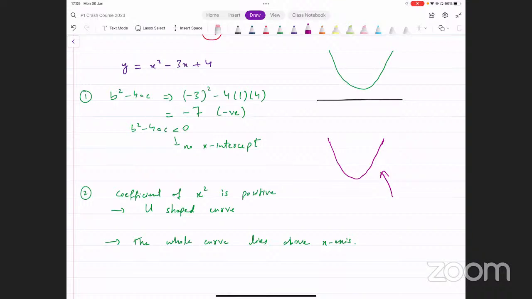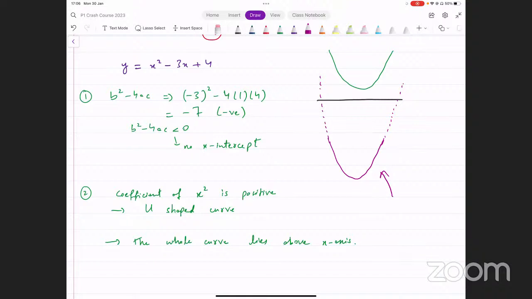This is not going to be possible because remember, this curve is a never-ending curve. It's going to extend on both sides like this. So at some point, it is eventually going to intersect the x-axis if some part of it was below the x-axis.